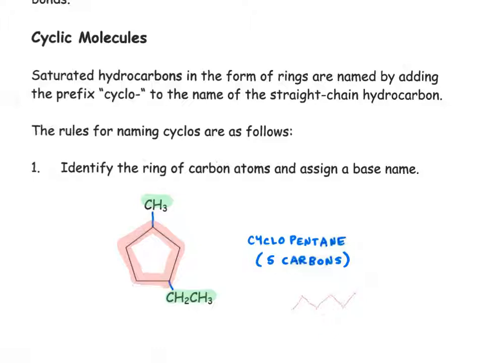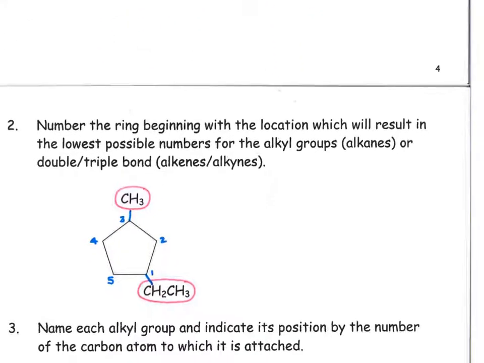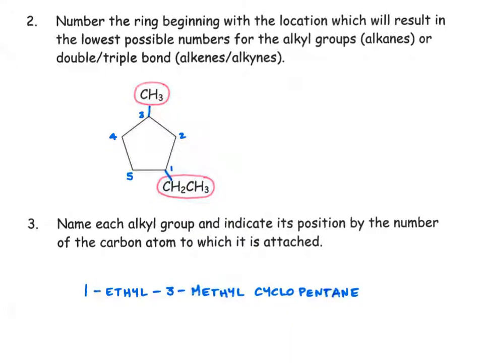So then, as we move up here, you can see that we're calling the ethyl's carbon number 1, and then we're numbering up so that we can give the methyl a number 3, rather than if we had numbered in the other direction, it would have ended up being 1, 2, 3, 4. It would have been a 4. So we want to give this a 1 and this one a 3 to keep the numbering as low as possible. When we put this together then, we end up with a 1-ethyl, 3-methyl, cyclopentane.